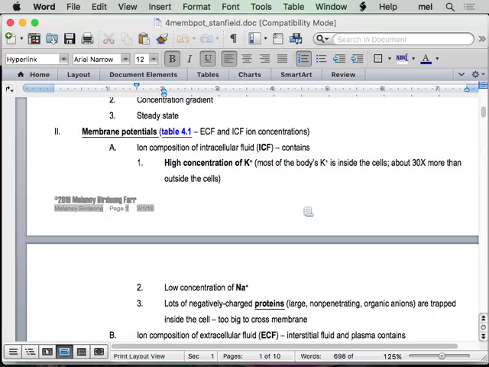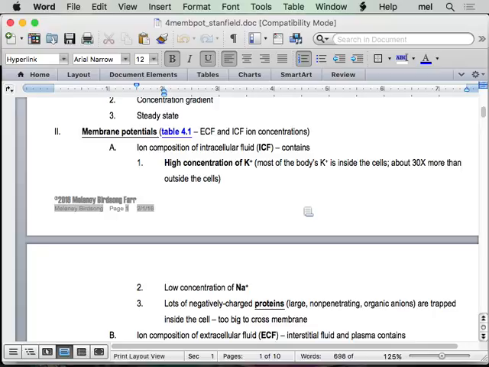The ion composition of the ICF. Actually, you don't know quite all of them. The ICF has a high concentration of potassium, 30:1, and a relatively low concentration of sodium. Although I didn't ever tell you before, there are, of course, negatives in here. What's the primary source of negatives on the inside of the cell? They're big, huge, impermeable, negatively charged proteins.